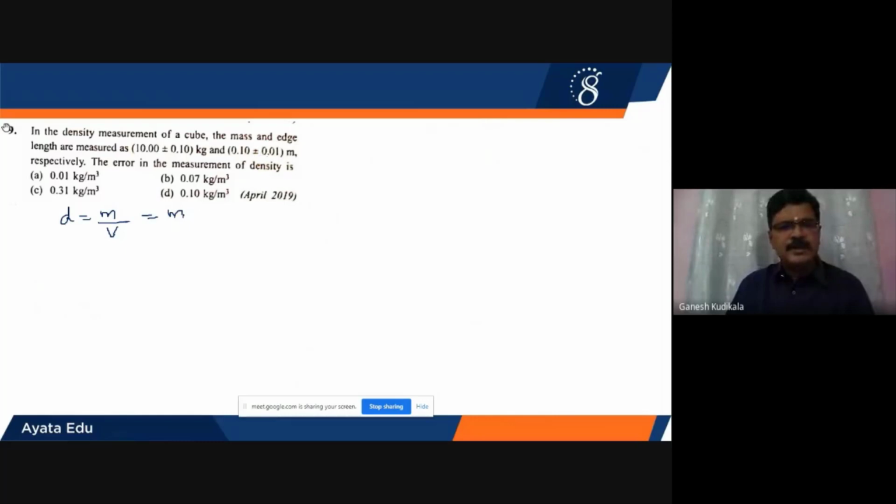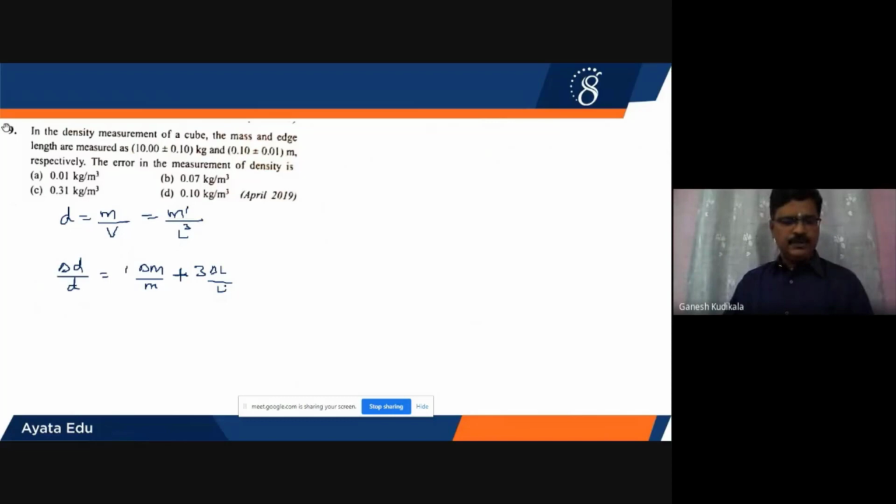I want it in terms of length, so I'll go for L cube, the volume of a cube. Therefore, for the relative error, delta d by d will be equal to 1 into delta m by m. Though it is in the denominator, relative errors will add up. Therefore, plus 3 into delta L by L.